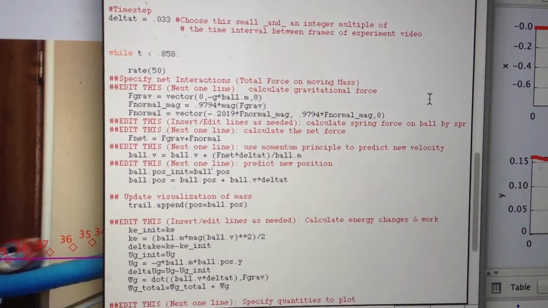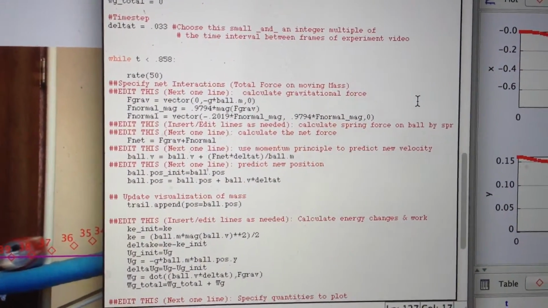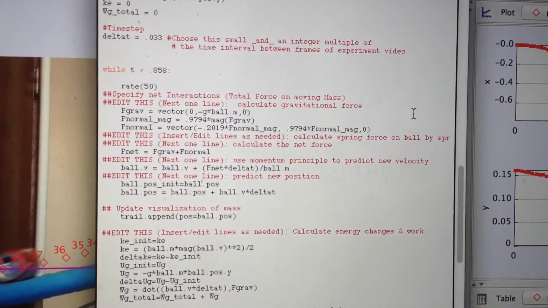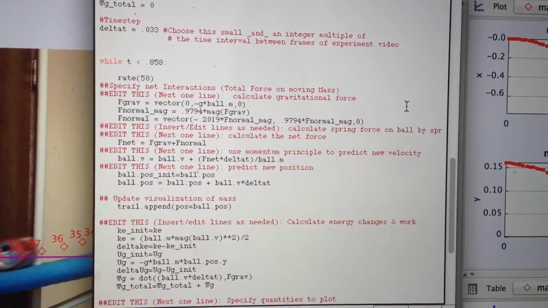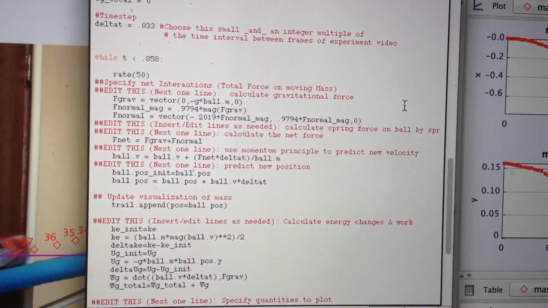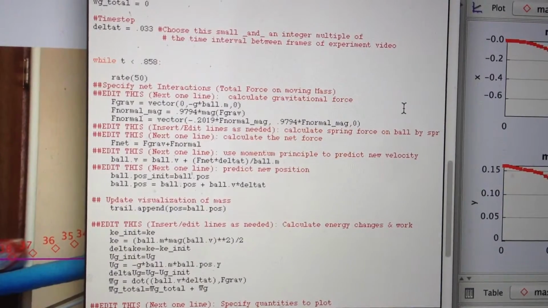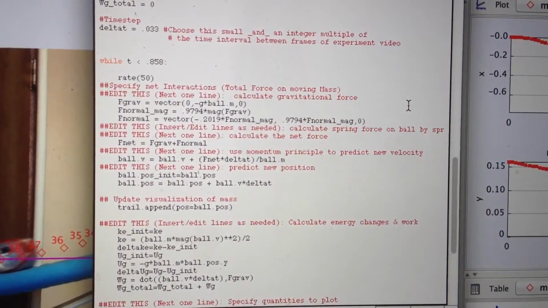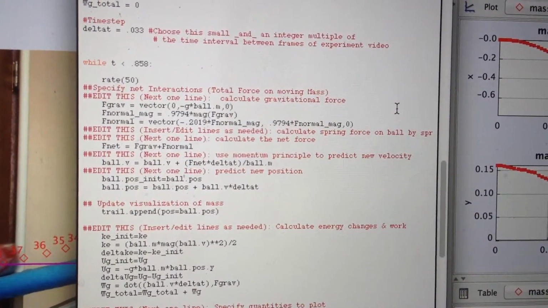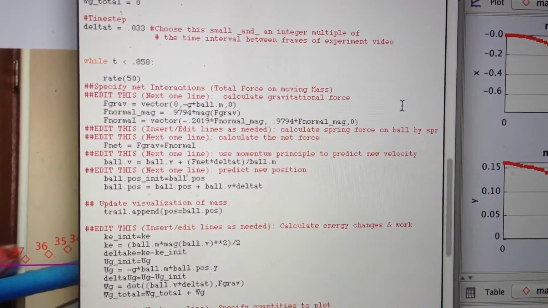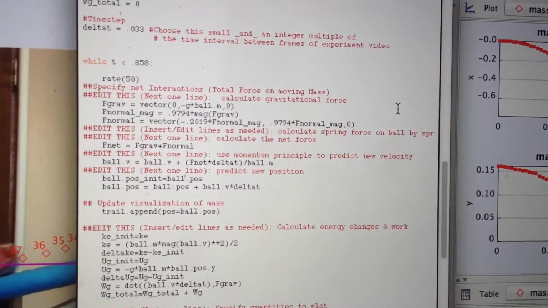Within the while loop I have that the gravitational force is equal to g times the mass of the ball, which is actually the can. Then the normal force is the magnitude of the force of gravity times that number, which was the sine of theta that I figured out on the sheet outside of Python on my own. The F normal force in vector form is right there with the cosine and sine values that I found on the paper, the 0.2019 and 0.9794.